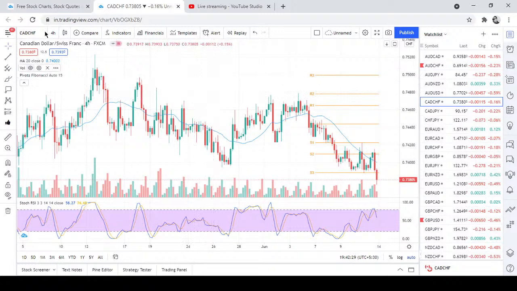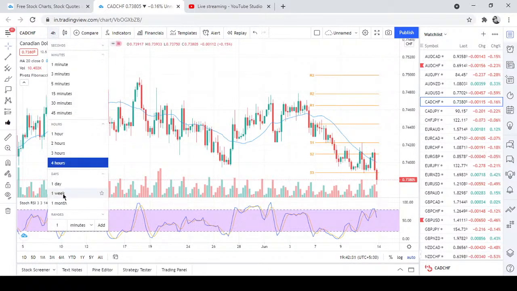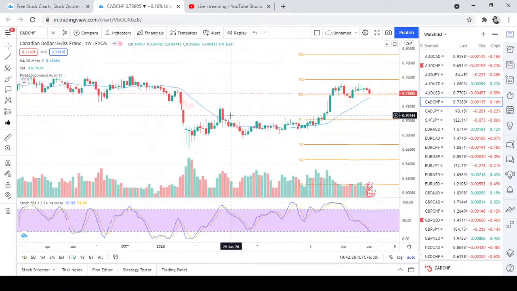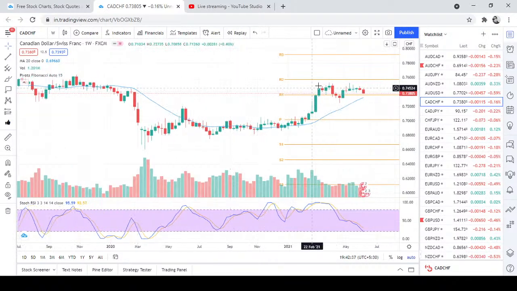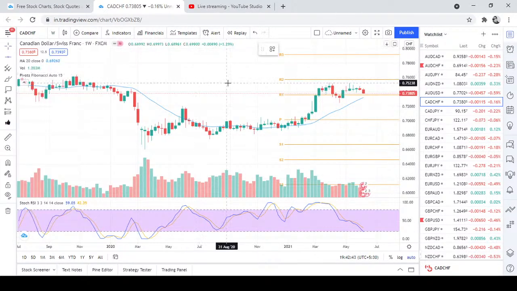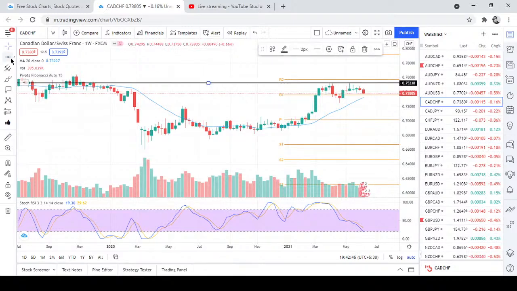Let's switch to the weekly time frame once and see what it is telling us. We are getting some levels from the weekly time frame. Let me draw the lines here. You can see that on the weekly time frame we are also getting a support level.